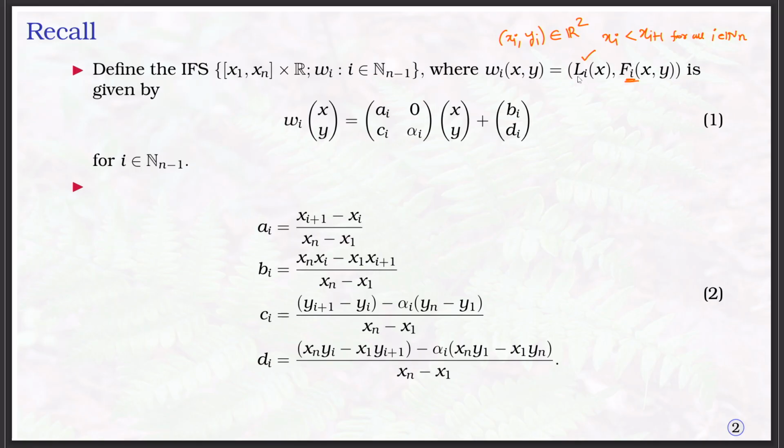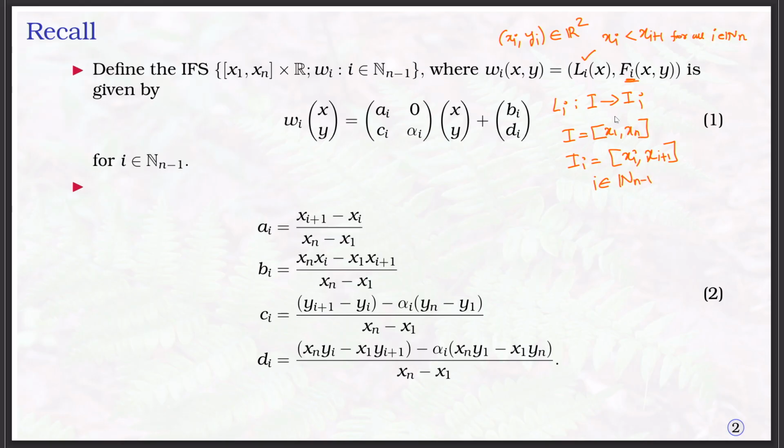This Li is a mapping from I to Ii, where I is the closed interval x1 comma xn, and Ii is xi comma xi plus 1, for all i belonging to n minus 1.